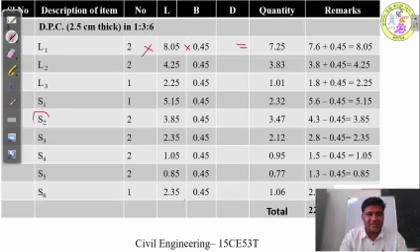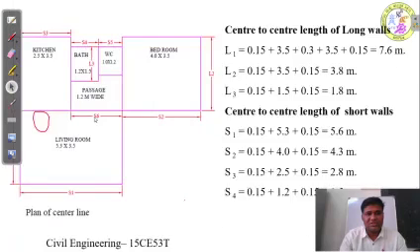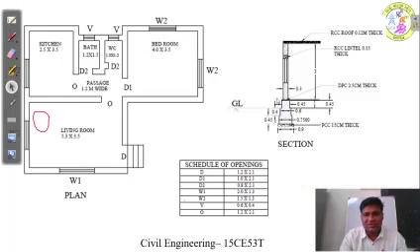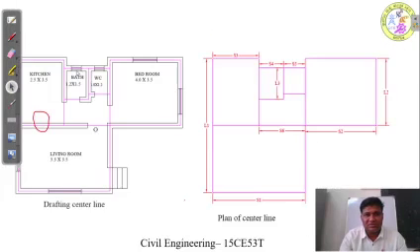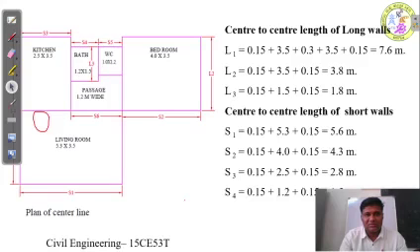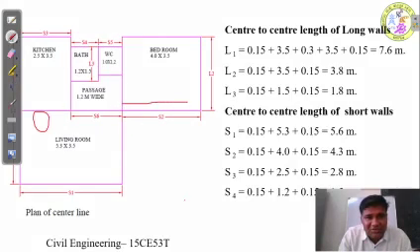So let us clarify it. Say for example the short wall S2. So this is the wall S2. See, S2 is between here to here. How many numbers are there? 1 and 2, two numbers are there. What is the center line length of S2? 4.3 meters.